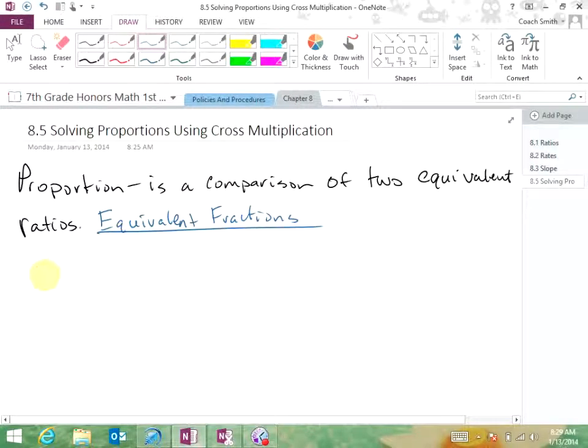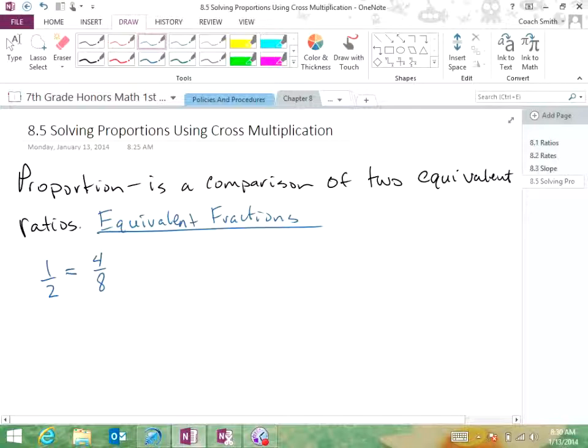For example, we've really already had proportions when we talked about equivalent fractions, but now it's going to be a little bit different. For example, 1/2 and 4/8 are equal to each other.